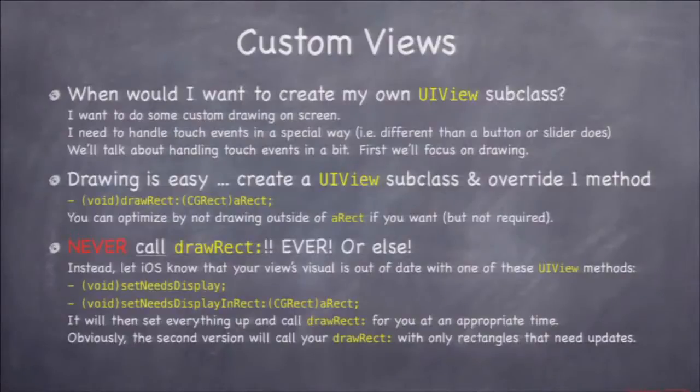The system knows when it's an appropriate time to call drawRect, update off-screen buffers, whatever it has to do, it's in control of that. Don't ever call drawRect. It just will not work to call drawRect, okay? setNeedsDisplay. And you can do setNeedsDisplay in rect, that's giving the little optimization rect. But setNeedsDisplay is how you do that.